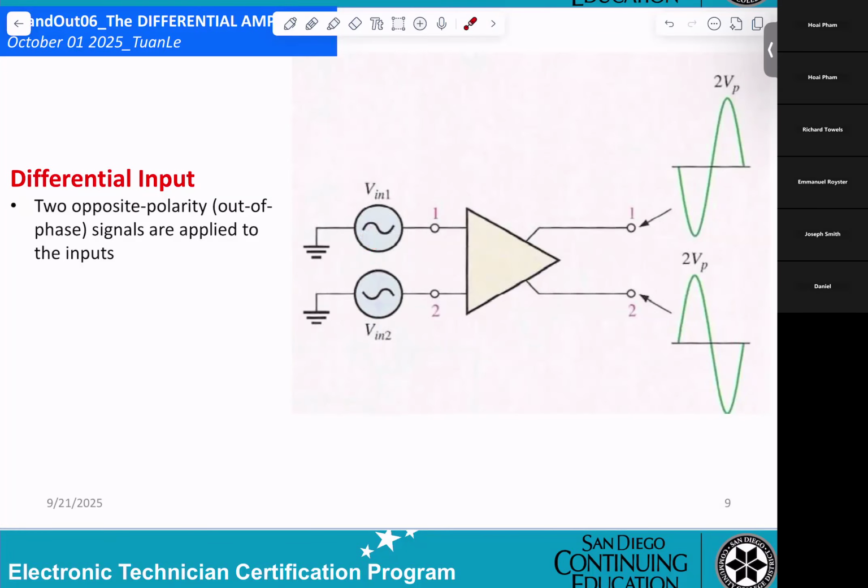Okay? If this goes up, this has to be going down. This going down, this has to be going up. They must be opposite. Okay?